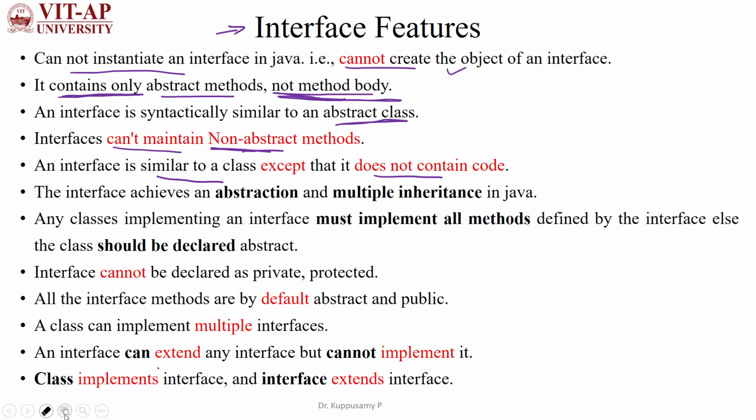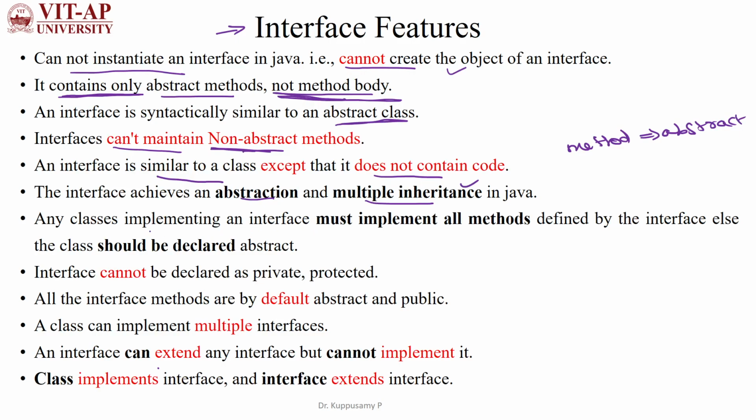The interface is achieving abstraction and multiple inheritance in Java. Abstraction means that since you have methods equivalent to abstract methods, it is achieving abstraction. Multiple inheritance means here that a single class can inherit the concepts from multiple interfaces.